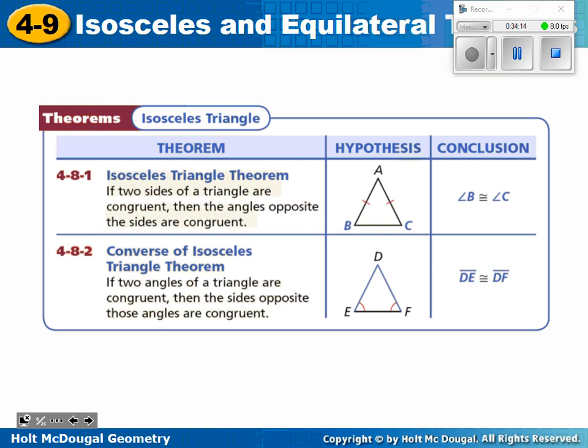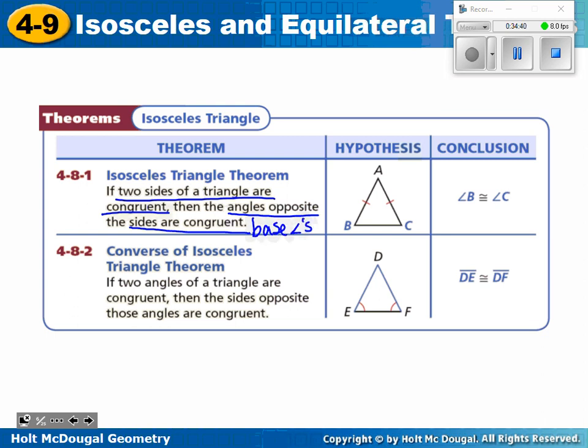So our first theorem is isosceles triangle theorem, and you guys may already know this, but we haven't actually talked about it. If 2 sides of a triangle are congruent, so if they give you a picture and 2 sides are congruent, you automatically know it's isosceles. This theorem says if it's isosceles, then the angles opposite those sides are congruent, which are your base angles.